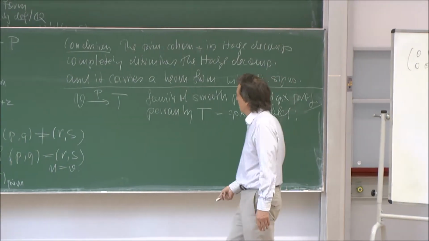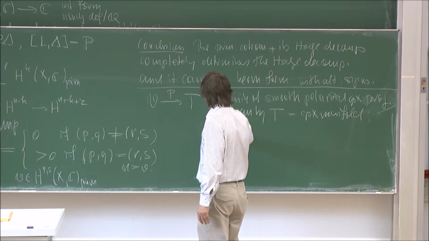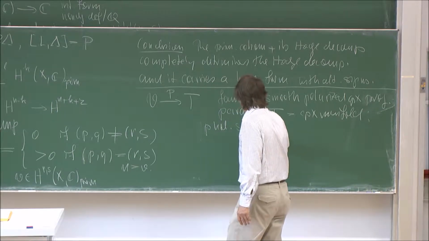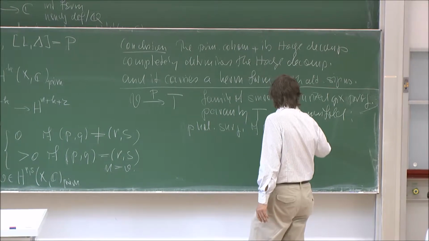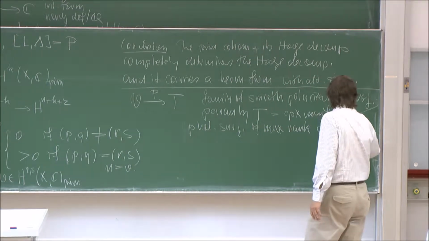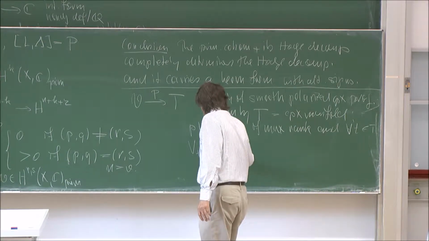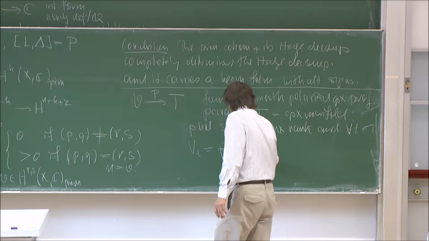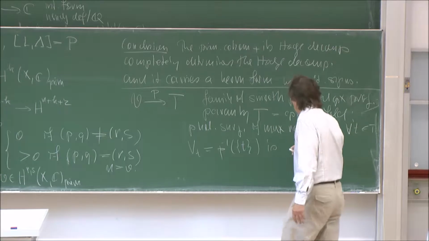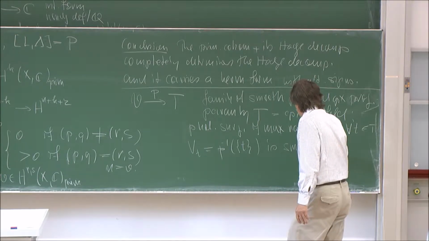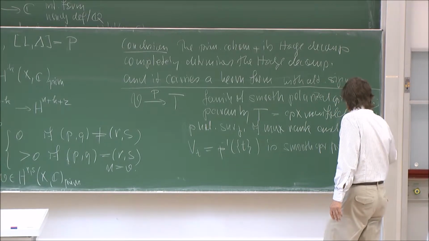So what do I mean? So V is a complex manifold, P is holomorphic, projective of maximal rank, and for each t, if I look at the fiber over t, this is a smooth complex projective polarized variety.